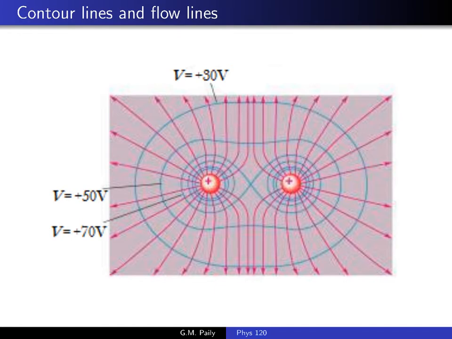And finally, here's an example with two equal positive charges. Notice the peculiar little x in the middle, where we know that the field is 0. Also notice another point. The field is not constant at different points along an equipotential.